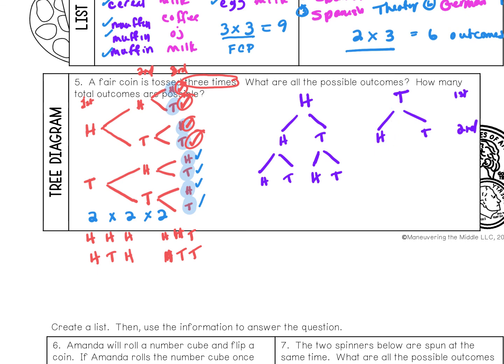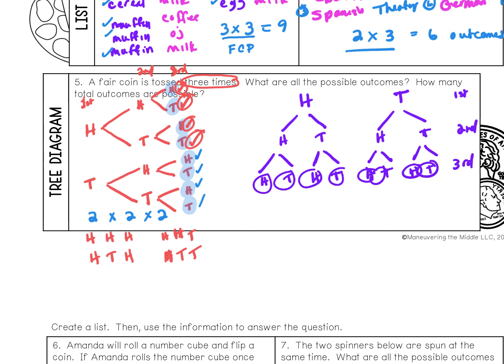So we're going to go to the heads, and say, okay, if I toss the coin the third time, I could get heads or tails. And if I would have gotten tails originally in the second toss, I could still get heads or tails for my third toss. So this is my preferred way, but it really doesn't matter which direction you go in. We're going to get the same result. If you look, we have 1, 2, 3, 4, 5, 6, 7, 8.